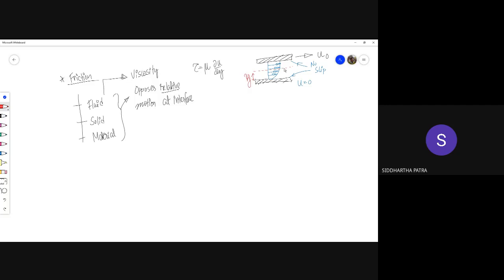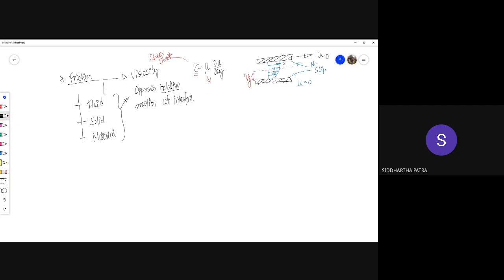Okay, one which is moving relative to other. So the friction force per unit area, as you can see, is represented with tau, which represents shear stress. Per unit area of friction force is represented like this, where mu is the viscosity. What you have to do is take the slope of the velocity distribution.